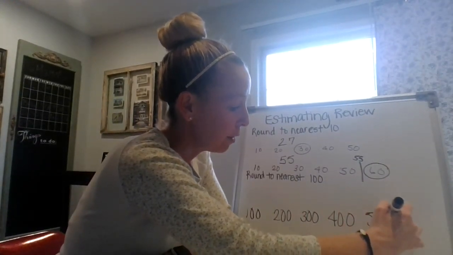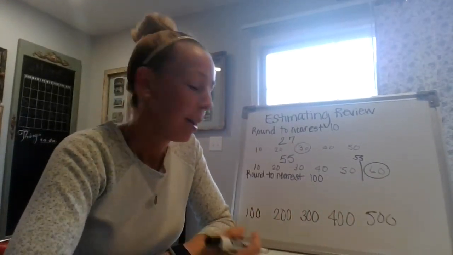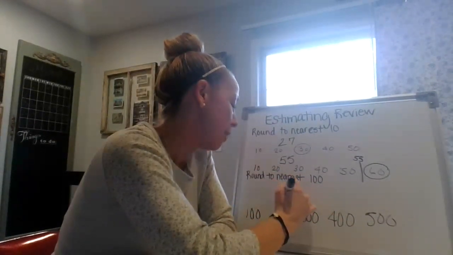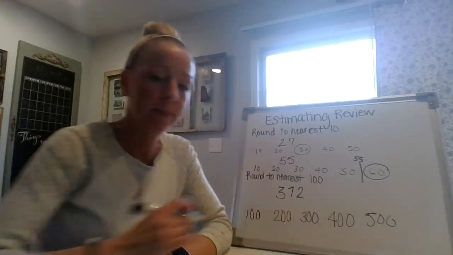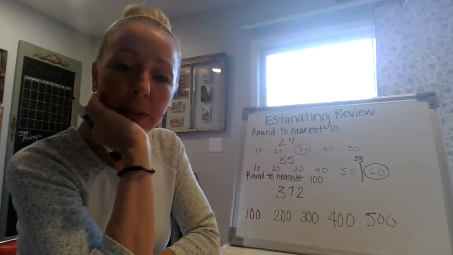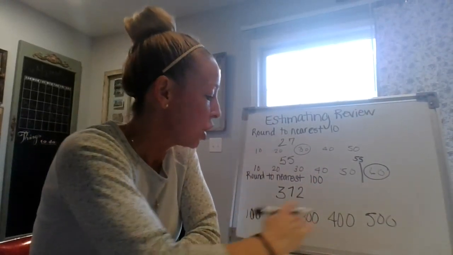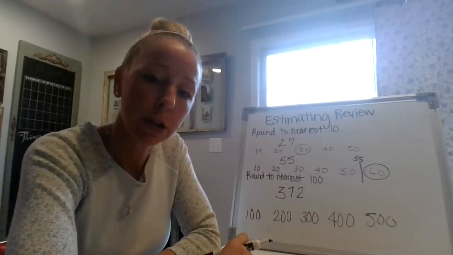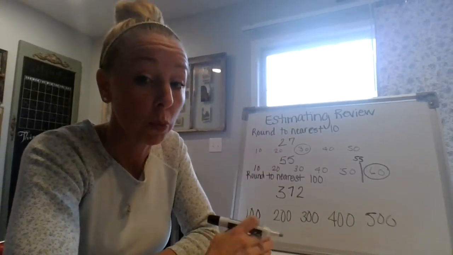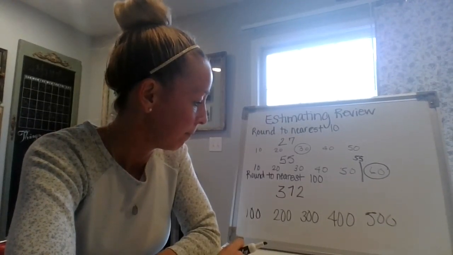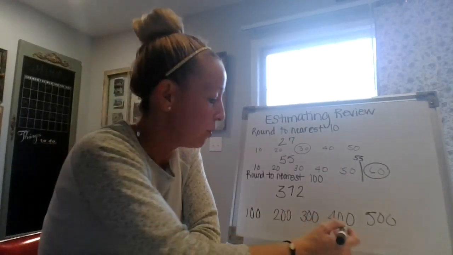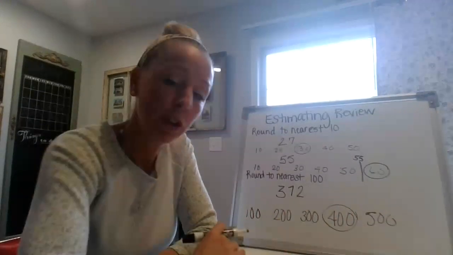Now if I just put any old number down, 372. Think about a number line. Which 100 would this be nearest to if we were estimating or rounding it to the nearest 100? If you said 400, you are correct.